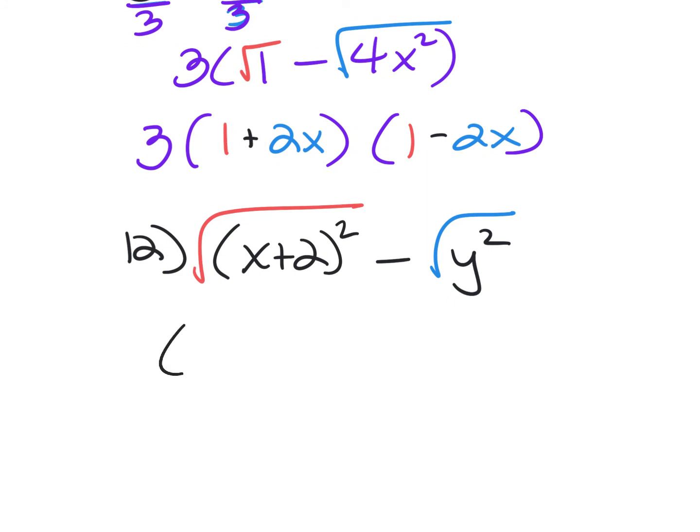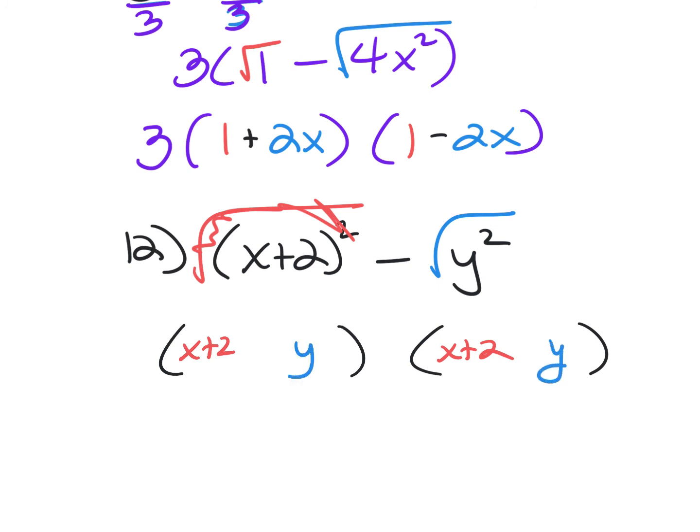So then this ends up being, let me write it a little bit bigger. So the square root of the first one, whenever you square root a square, it cancels. So I get x plus 2. And then when I square root the y squared, this just becomes a y. One gets a plus sign, one gets a minus. There are no like terms, so that would be my factored answer.